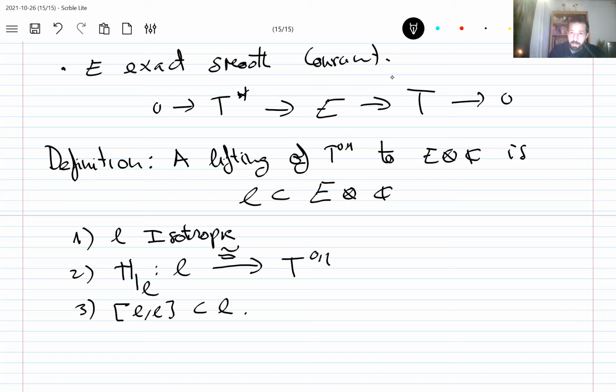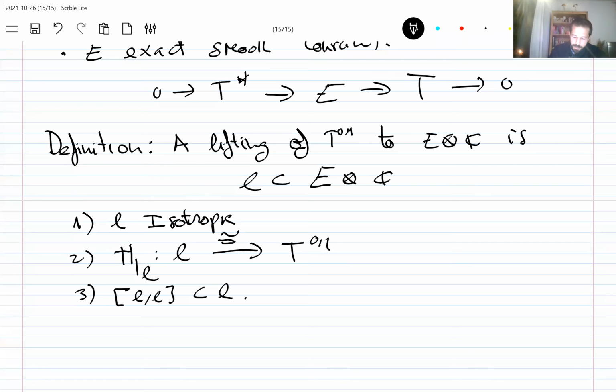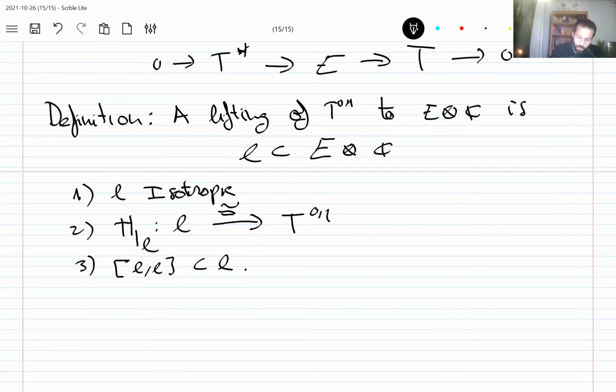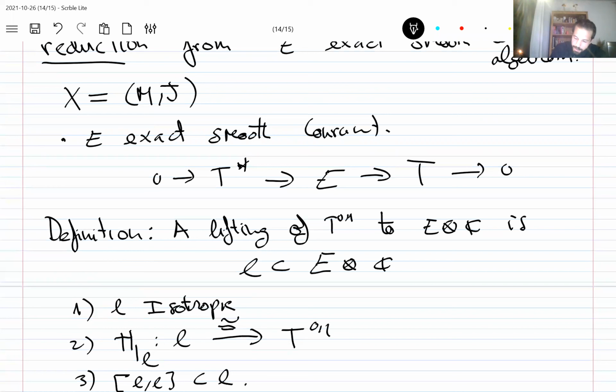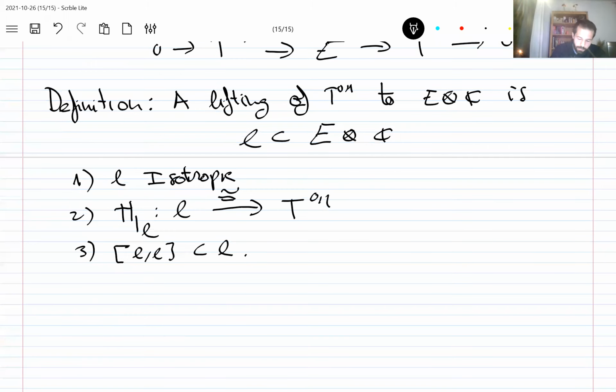So let me make this more explicit. If we choose a splitting of this sequence, then we can identify non-canonically E with tangent plus cotangent, and the bracket is now determined by a closed three-form.